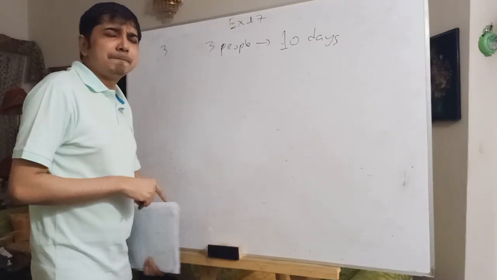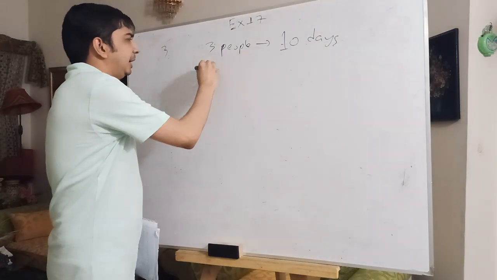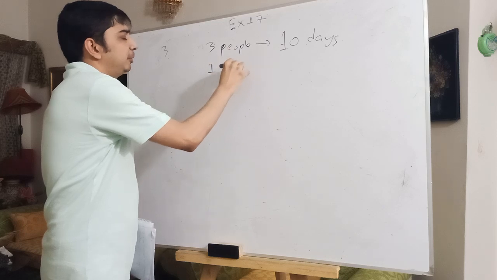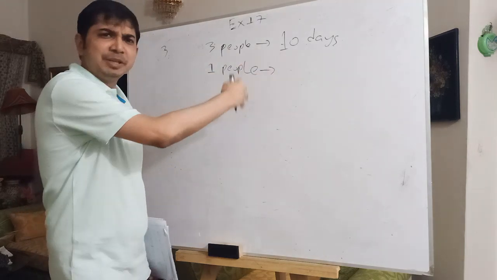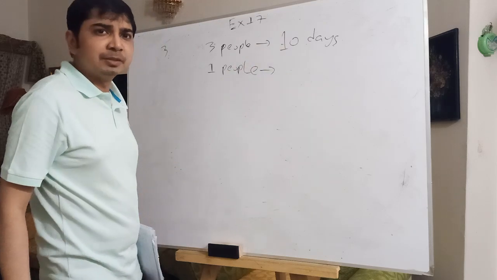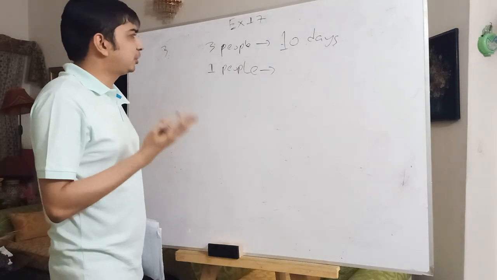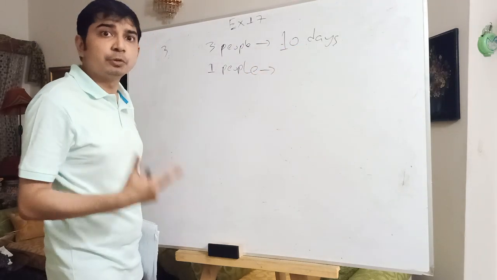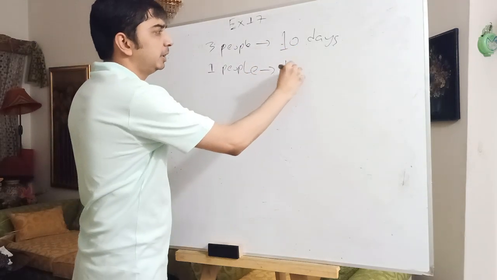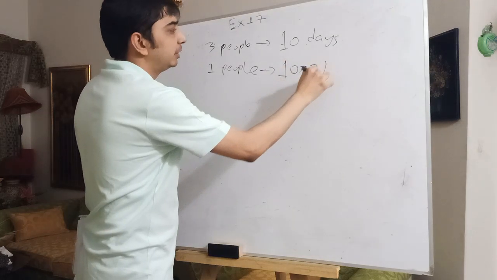So let's say there's just one guy working on building the wall. Then what's going to happen? Is the number of days going to increase or decrease? If you apply just common sense, 3 people take 10 days, so 1 person is going to take more time. So it's going to be 10 into 3 days.